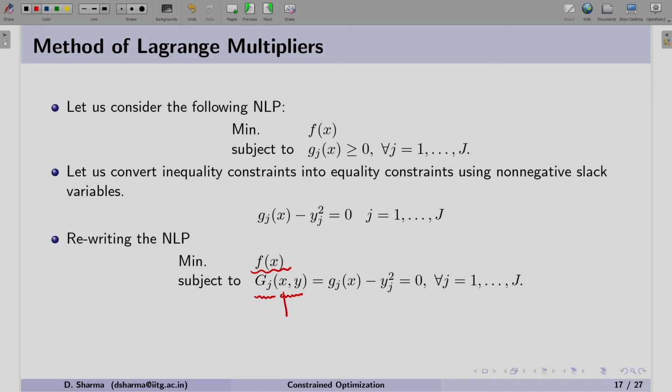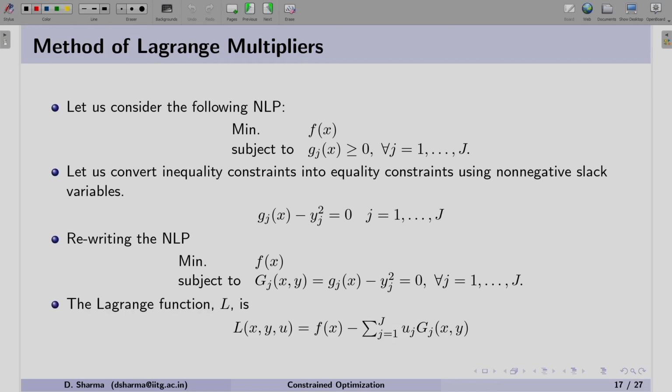We know x is the set of variables for the given problem and y is the set of slack variables. So, capital Gj of x, y is equal to gj of x minus yj square equals 0. The same equation which we have written on the top, we are writing here. Since the constraint is converted into an equality constraint, we can use the Lagrangian function.